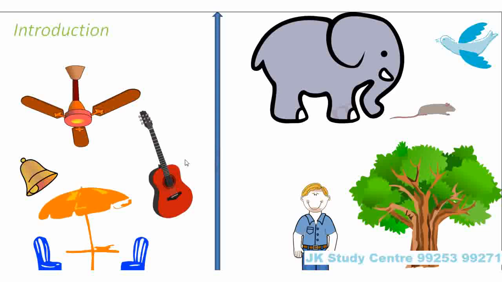Now let us suppose the man sleeps, then how do you distinguish whether the man is a living being or not? Even when a person sleeps, there are certain activities going on within his body. For example, a person breathes even though he is sleeping.